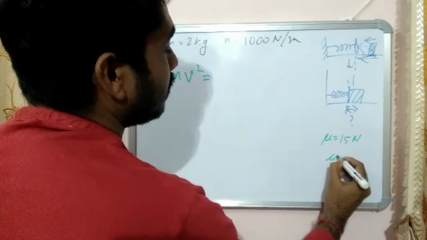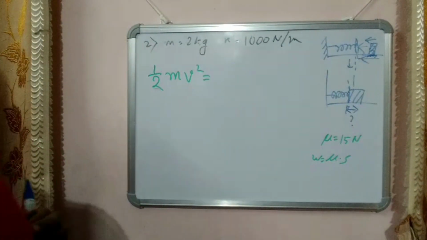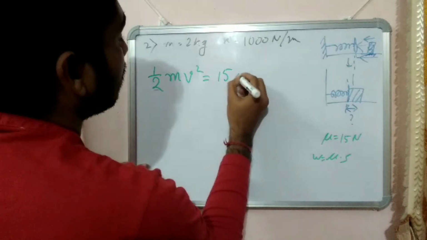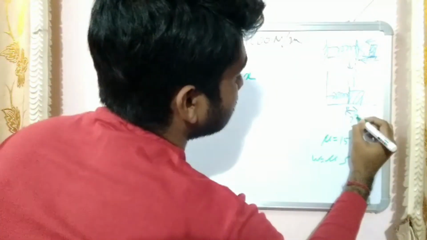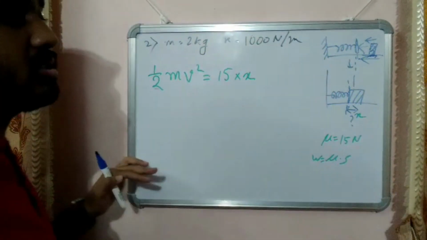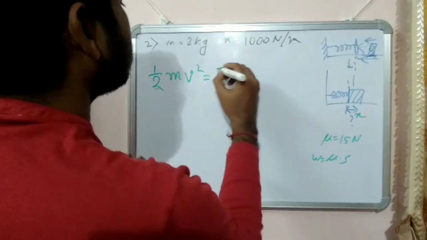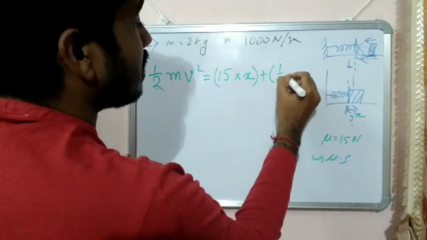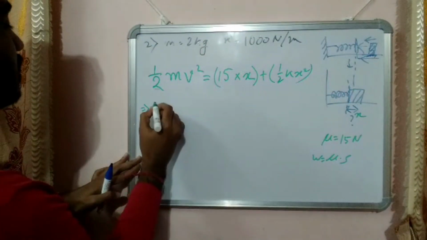So the work done will be friction force times s, so 15 cross x, where x is the distance the spring has been compressed, plus the potential energy of the spring, that is always half kx square. Now we can solve it.